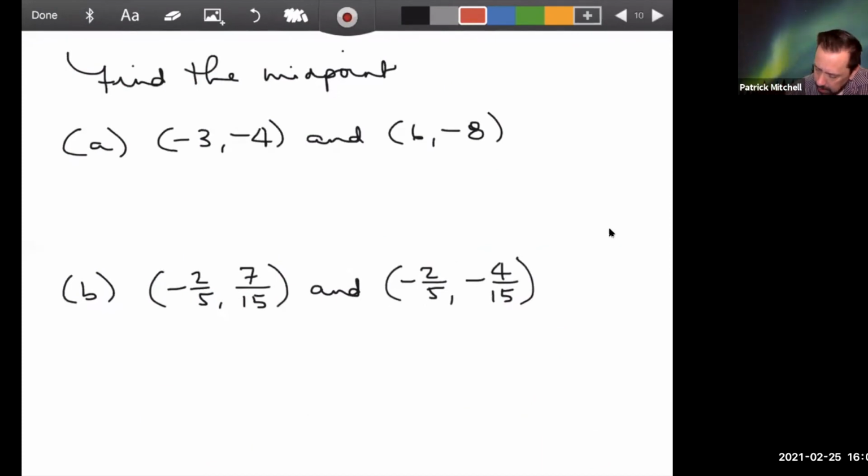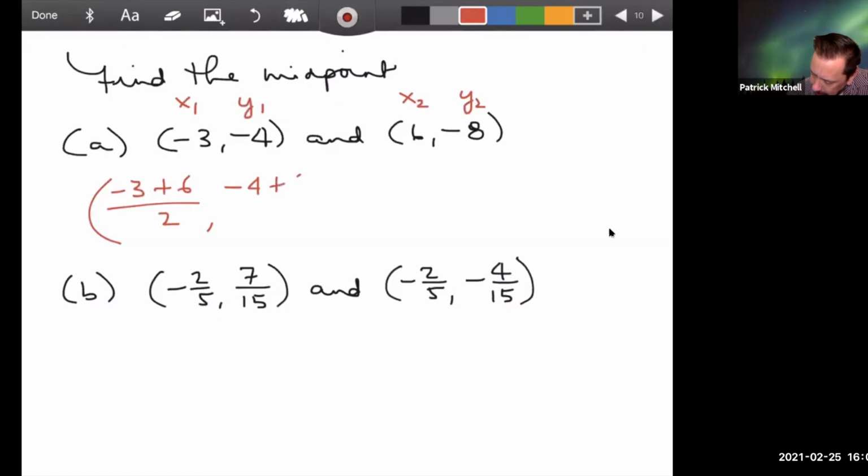So again, x1, y1, x2, y2. The average in the x's would be negative 3 plus 6 divided by 2. The average in the y's would be negative 4 plus negative 8 divided by 2.